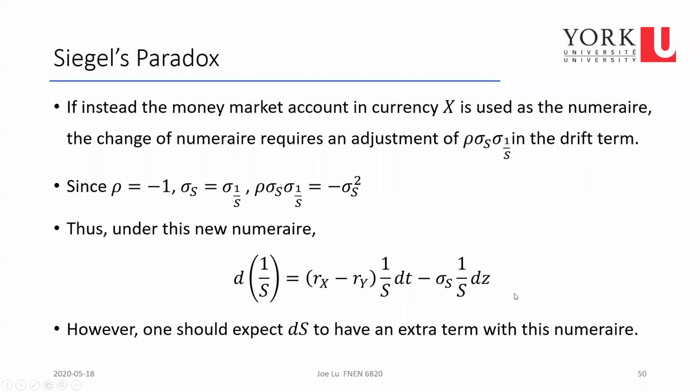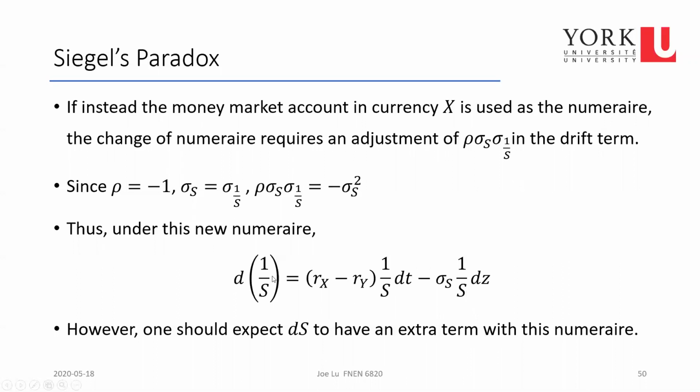And in this case, if you instead want to look at what's a DS, but you want to use the money market account in currency X as the numeraire asset, then again, your DS process will have an extra term here. Okay.